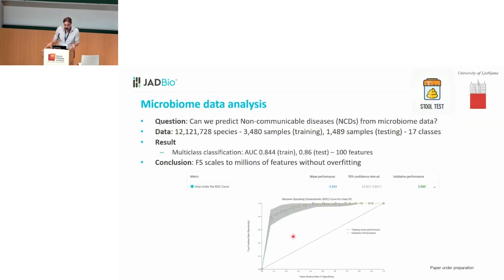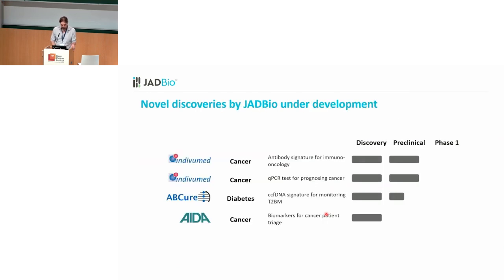Okay, microbiome data analysis. Can we predict a bunch of diseases from microbiome data? These guys did the literally dirty job of collecting microbiome samples from human intestines. You create like 12 million features out of that, about the different microbes that can be there. We were able to identify 100 of them that give you an average AUC of around 0.84.